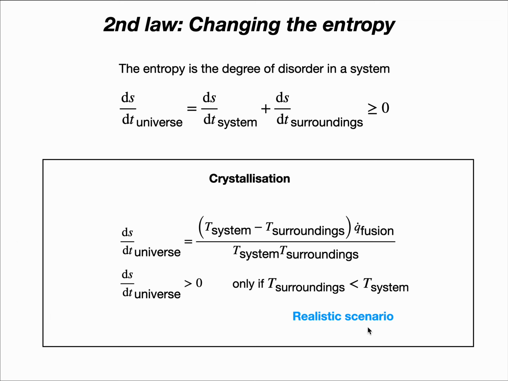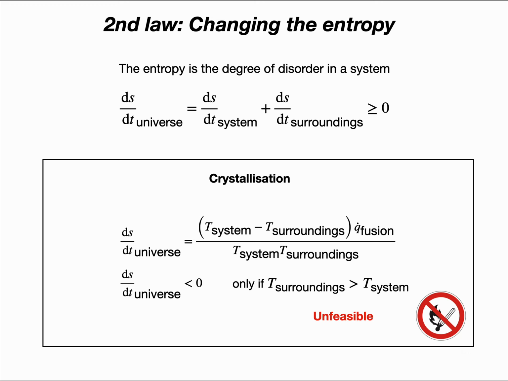The realistic scenario is that crystallization will occur if the temperature of the surroundings is cooler than T system. Of course, if you're cooling the material, it will be easier to crystallize in the system, and if you have the T surroundings which is smaller than T system, then this difference is positive. This product is positive, and the dS/dt of the universe is positive.